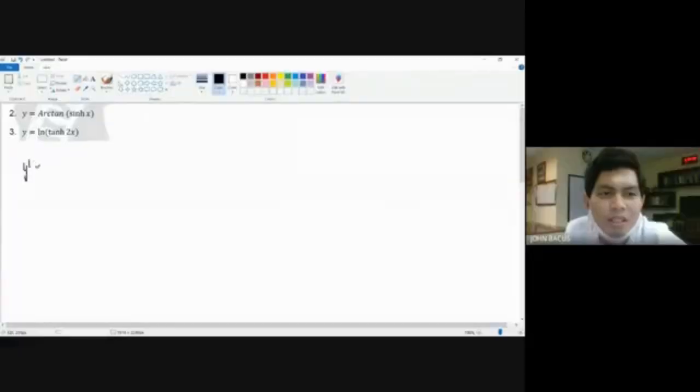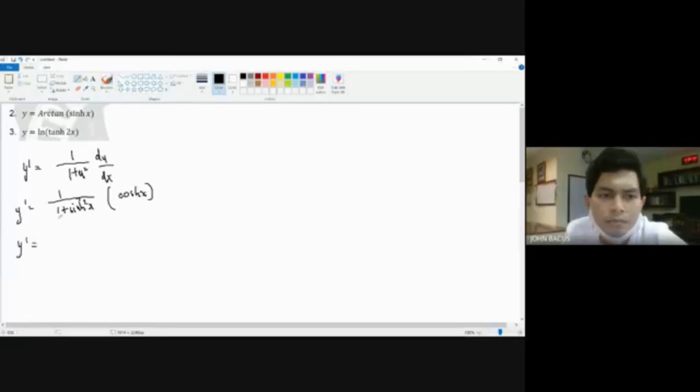Y prime is equal to the derivative of arctan, right? 1 over 1 plus the argument squared. Therefore, y prime is equal to 1 over 1 plus sine h squared x, times the derivative of sine h x, which is cos h x, positive.